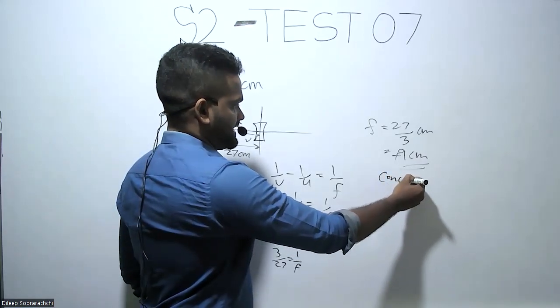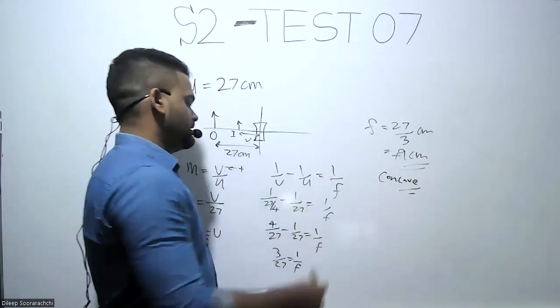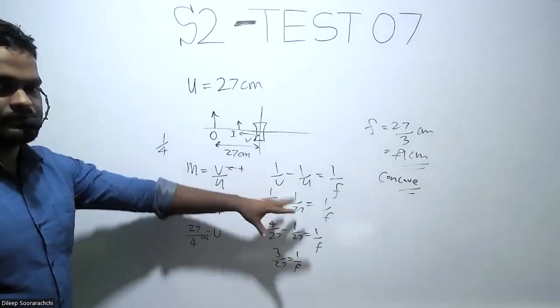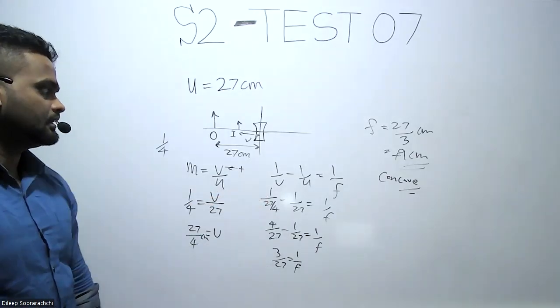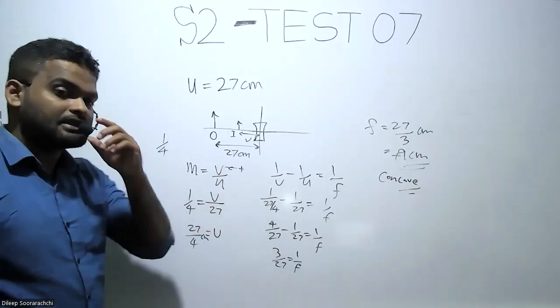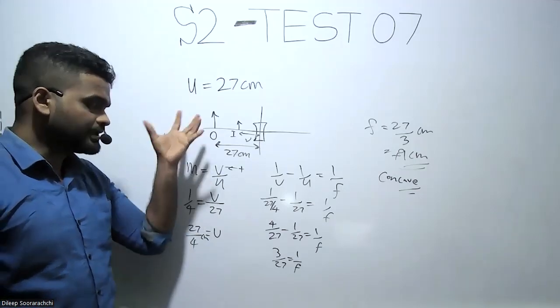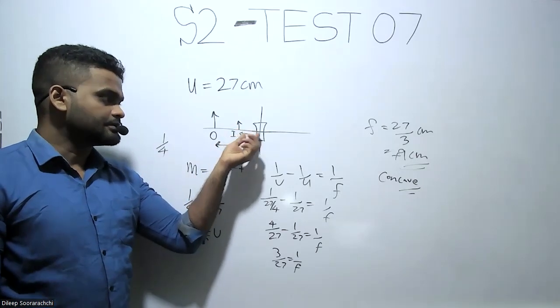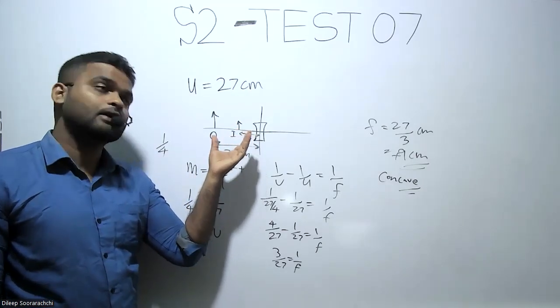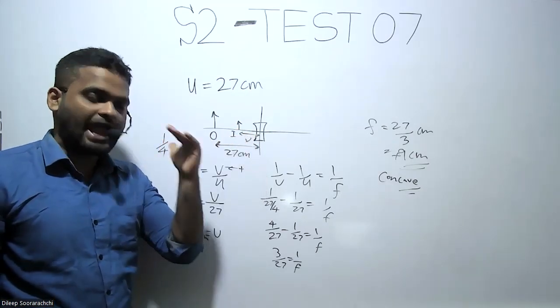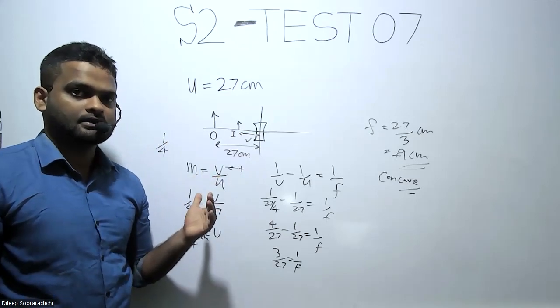They haven't asked that. You can just simply substitute values and find that. But if you are very familiar with lenses and have done many questions, you should know just by reading the question that this must be a concave lens. You need to have that practice, right?